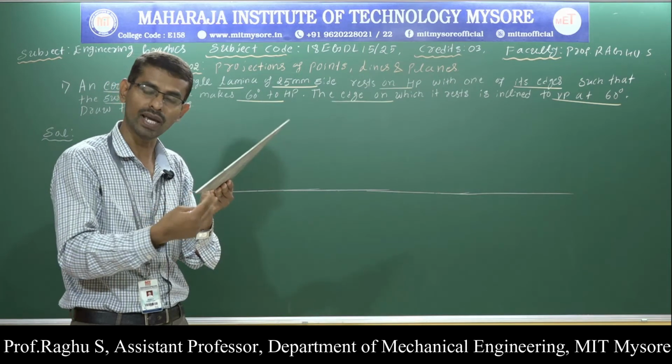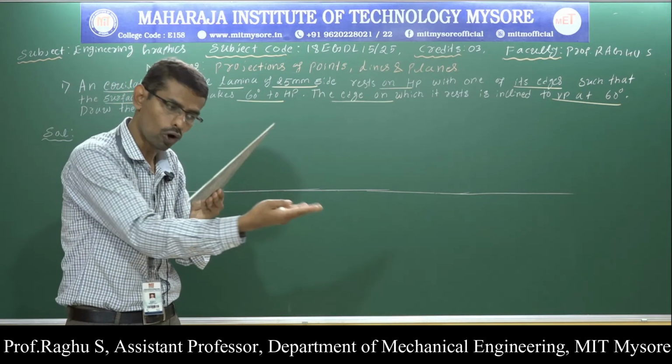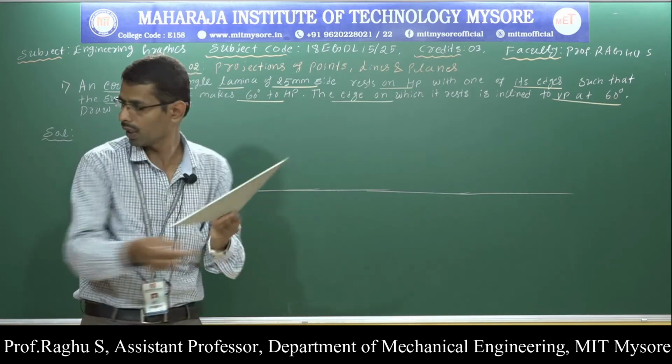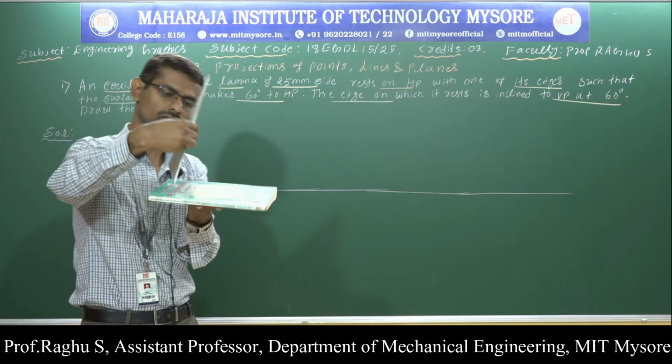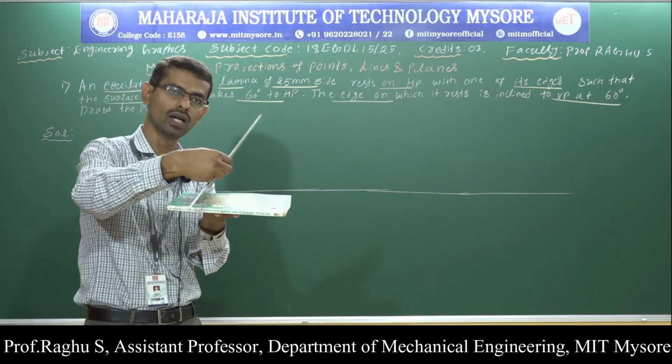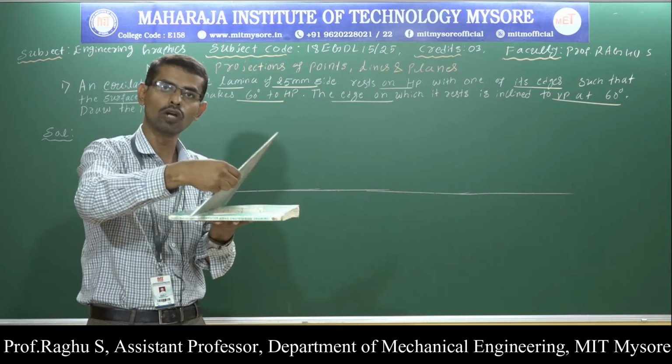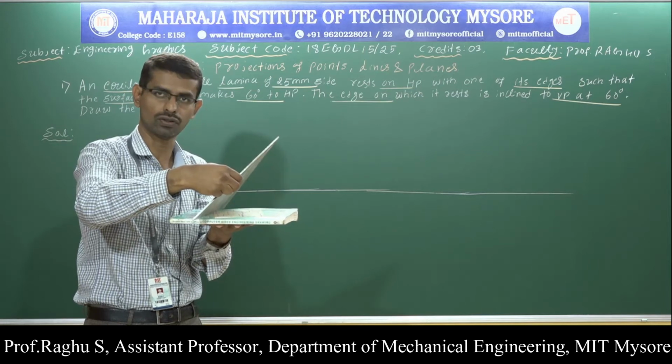Suppose the lamina makes an inclination with respect to the horizontal plane. Assume this is the horizontal plane. Here the lamina is inclined to HP and perpendicular to VP. The solution will be obtained in two positions.